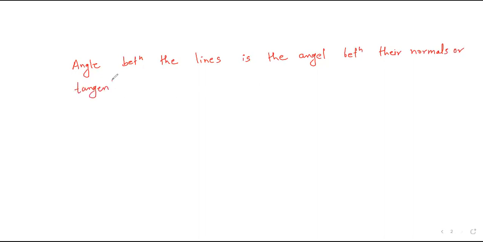The theorem is that the angle between the lines is equal to the angle between their normals, or tangents. Now you know the words normal and tangent.